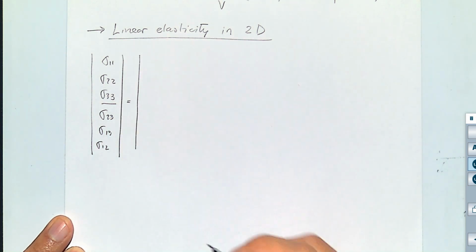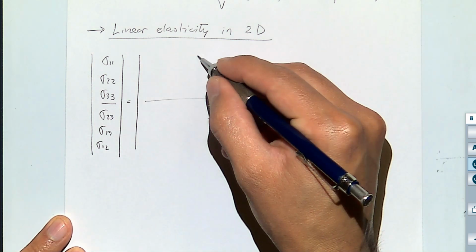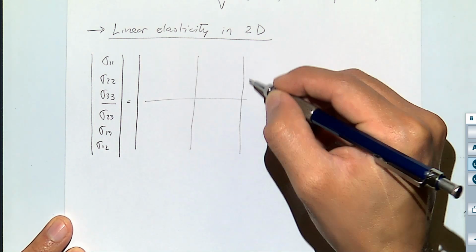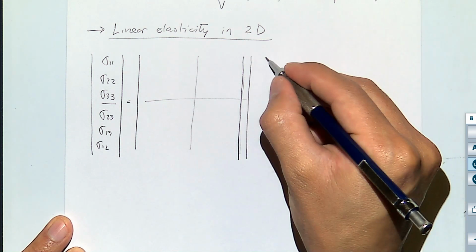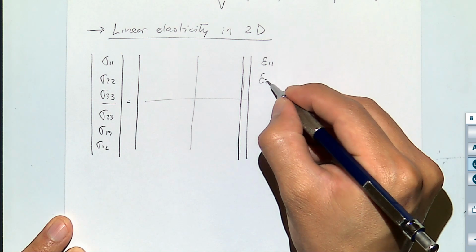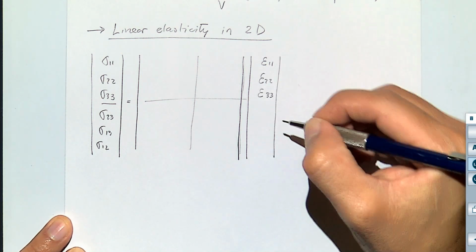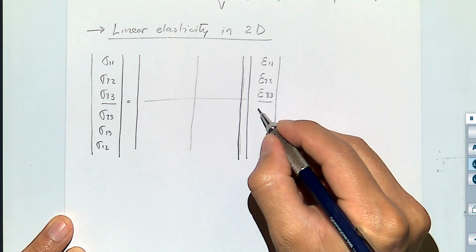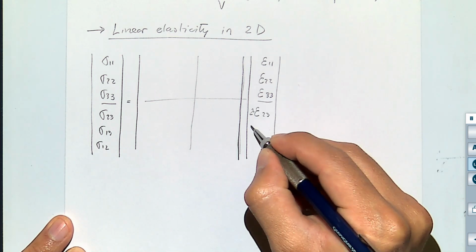Here we'll have a matrix that is going to be the C matrix. I'm not going to write it, but you know what goes in there. And I have here the strains. And I'm going to have here the shear strains.